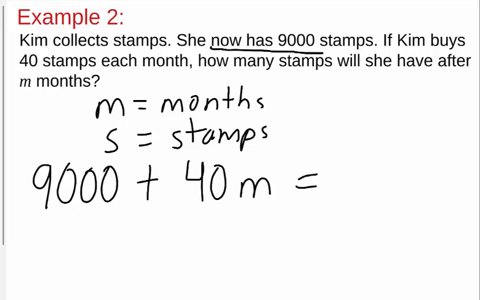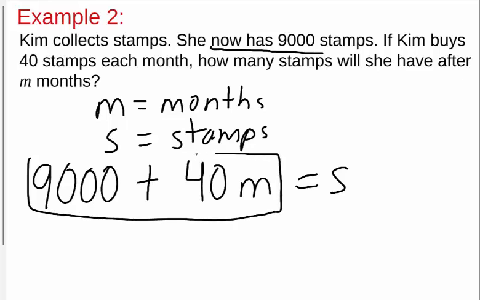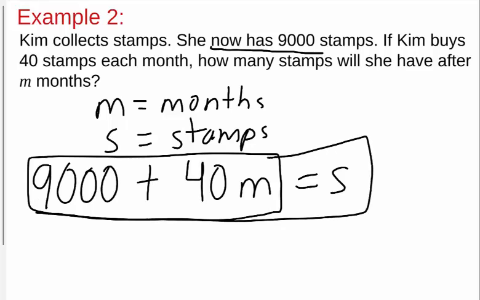And we could even write a whole equation that equals S, the total number of stamps. So you could write it without the equals S. You could just write this. That's fine. Or you could write it as a whole equation like that. Either or, good way to do it.